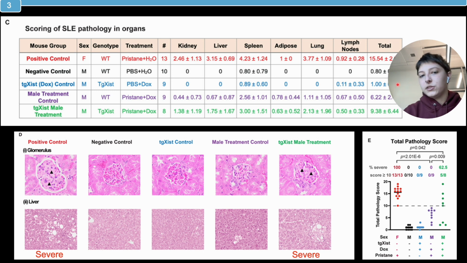So, and you can just look here, right? Like 9.38 is closer to 15.54 than any of the other groups, right? But it's kind of hard to see that, so they included some pictures of organ histology. So the little dots or the arrows indicate something that's related to disease or the pathology.